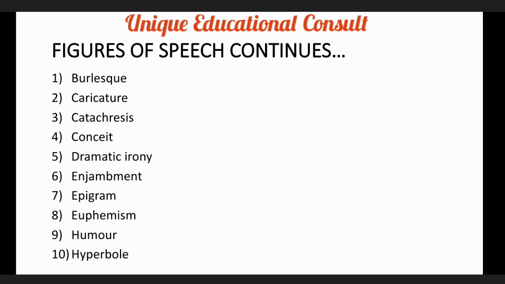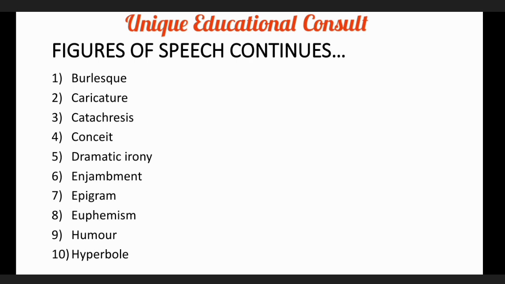So the next is enjambment. This device can also be called run-on line, and it is mostly common to poetry. It has to do with a grammatical sentence broken into two or three lines in a poem, and this is used to run a continuous thought flow.